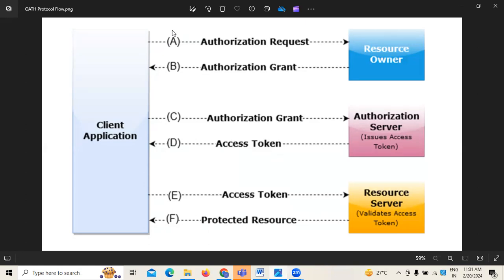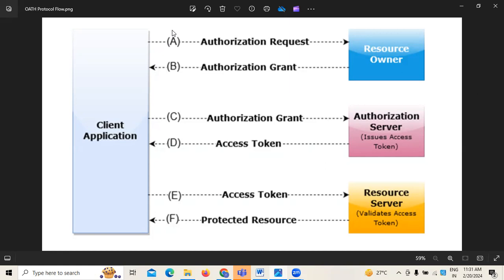There are different protocol endpoints we have, which normally belong to the authorization server. One is the authorization endpoint, and the next one is the token endpoint. These are the two different endpoints we have discussed. I think if I'm not wrong, this is what we have discussed.